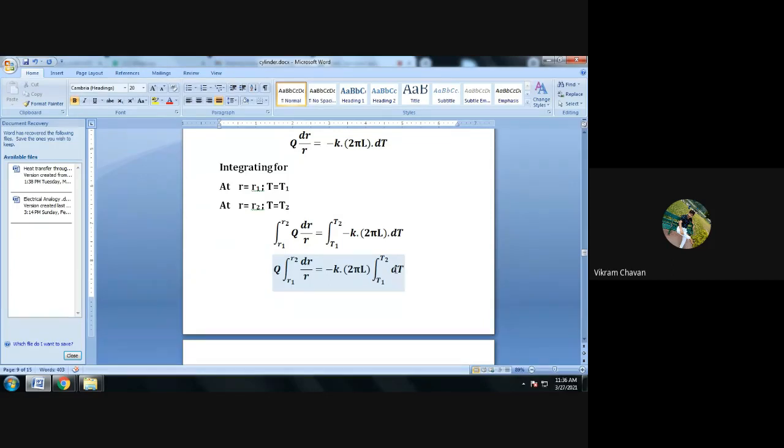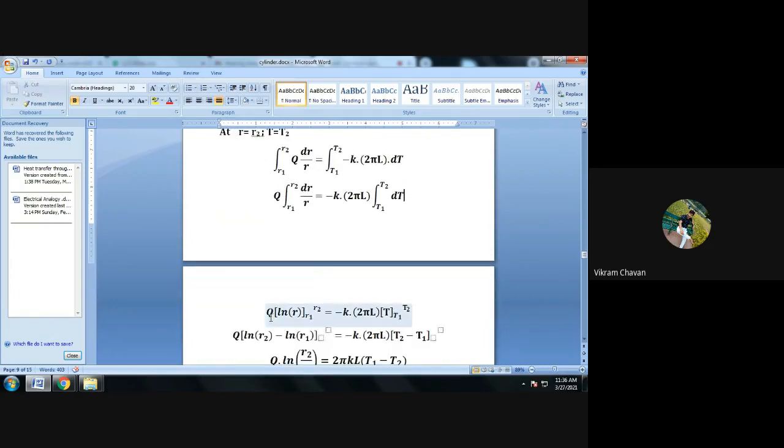So after integration we get q into square bracket ln of r, with the limits r1 to r2, equal to minus k multiplied by 2 pi l, which is the constant, and integration of dt is t with the limits t1 to t2.